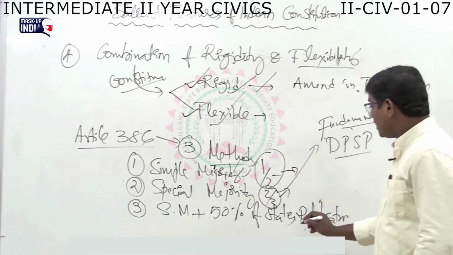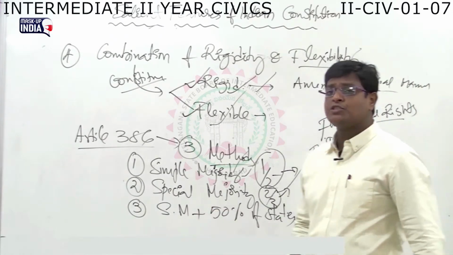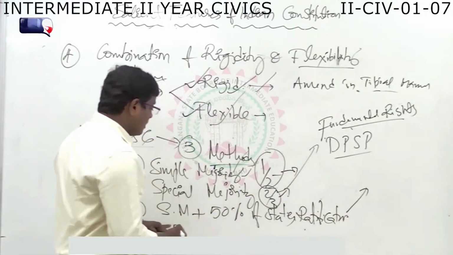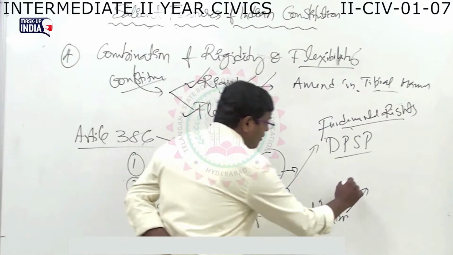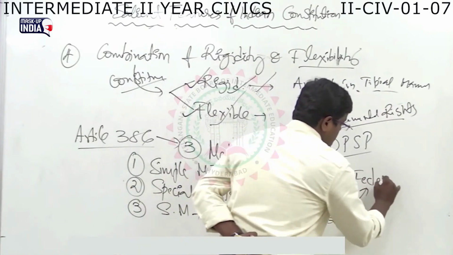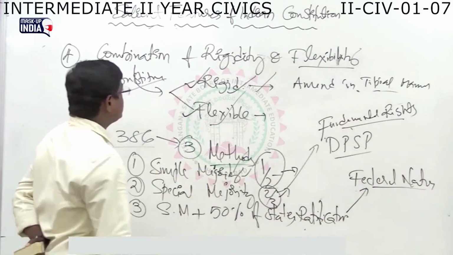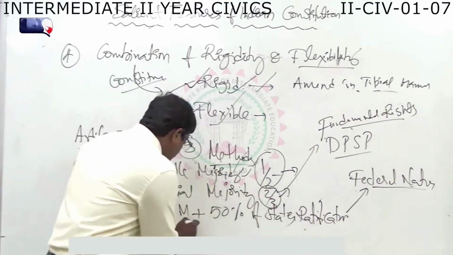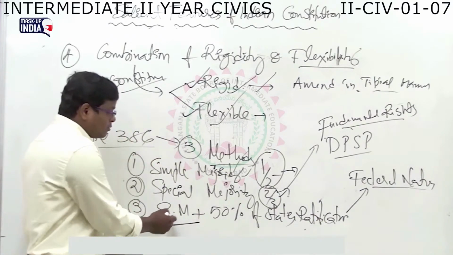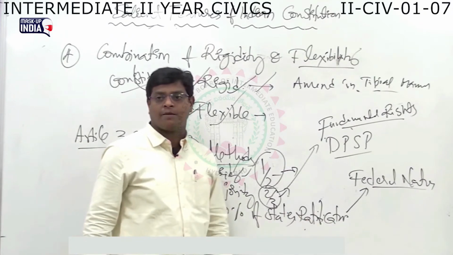Okay. Then what about the third category of the amendment procedure? Here, the provisions regarding the federal nature. What are they? The provisions regarding the federal nature come under special requirement. That means special majority with 50% of states ratification.